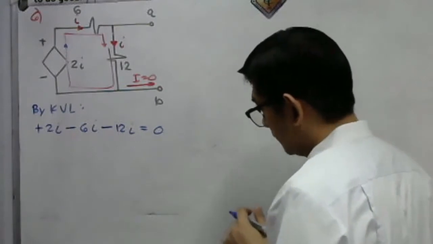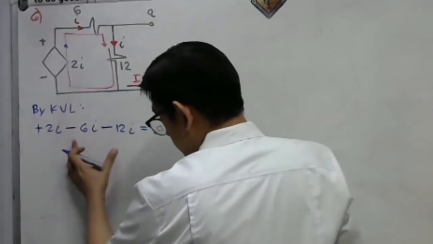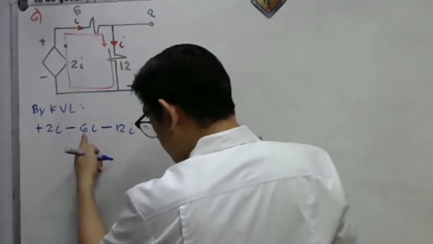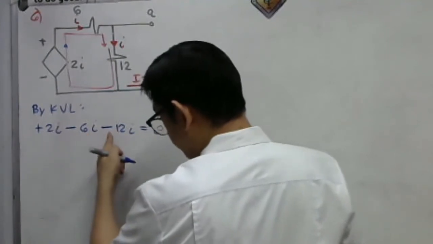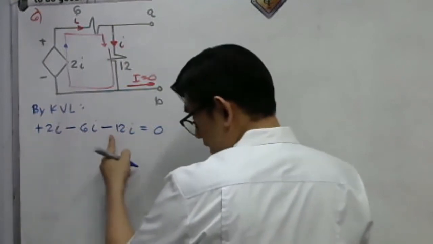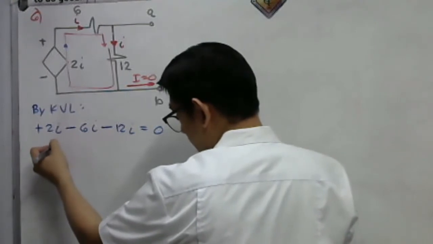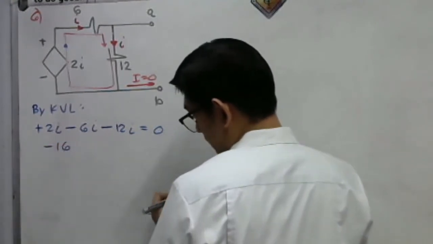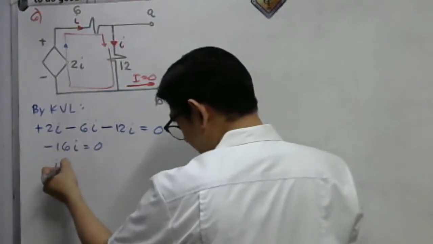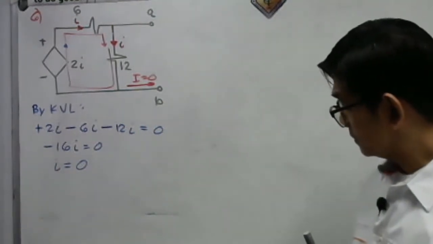Okay. So as we see here, take a look here, guys. We have 2, so that is negative 6, that should be negative 18. Negative 18 plus 2, that should be negative 16, right? Negative 16 I is equal to 0. Anyway, it's obvious that current I will be equal to 0 only.